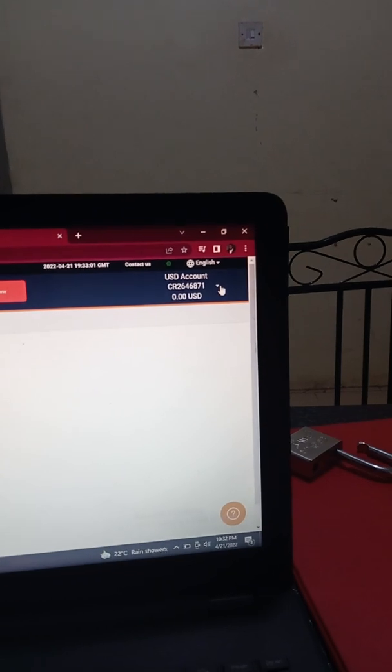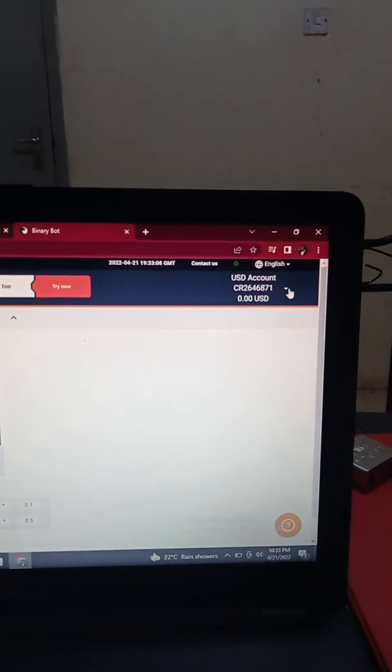Now we access the CR account first before beginning to trade using the bot. Okay, we have access to the CR account right there. As for now, I haven't loaded my forex account.